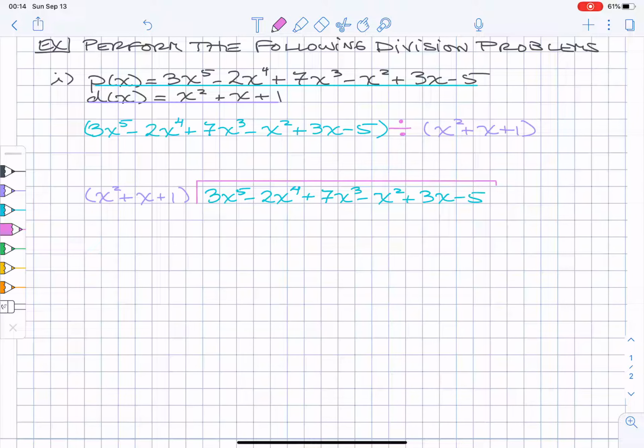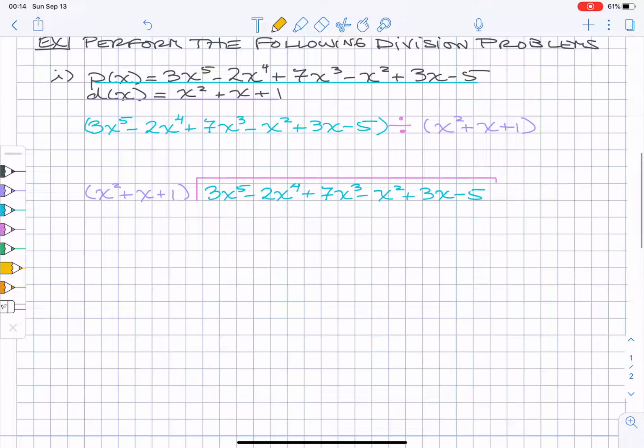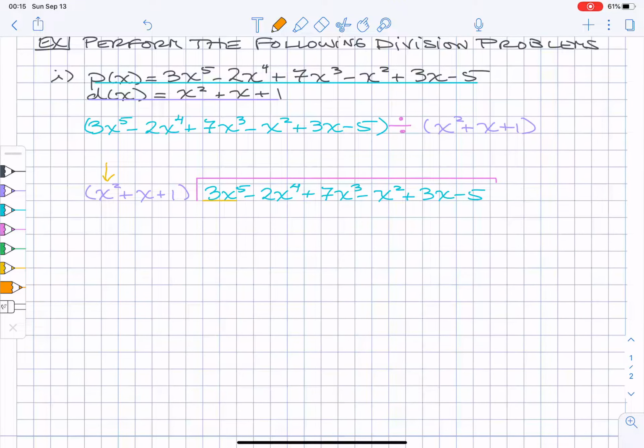Okay, so the first step of polynomial long division is I look at x squared and I ask myself, what do I need to multiply x squared by to get 3x to the fifth? And that's going to be 3x cubed. Do you agree? Let's do this in orange, shall we?